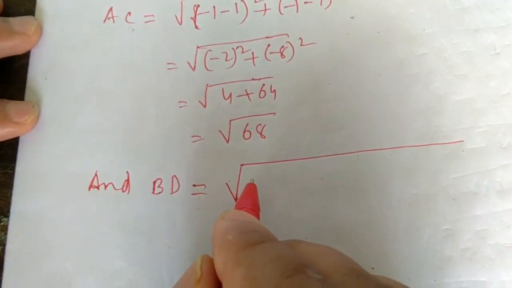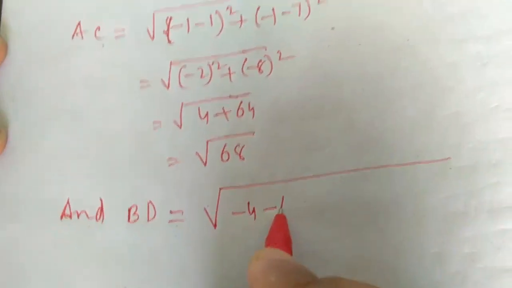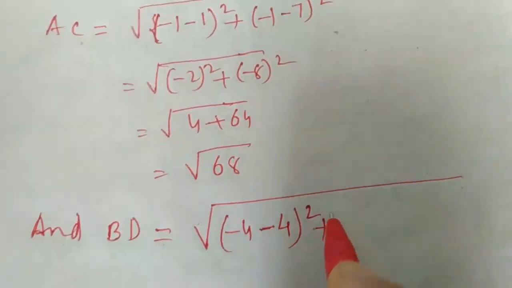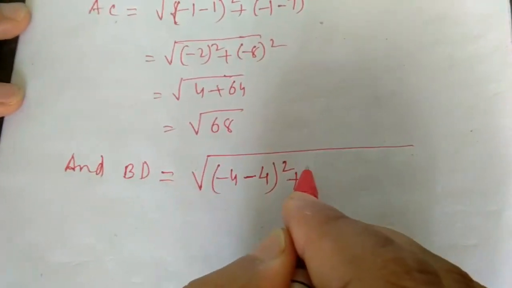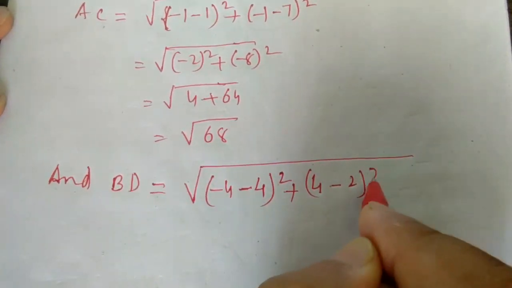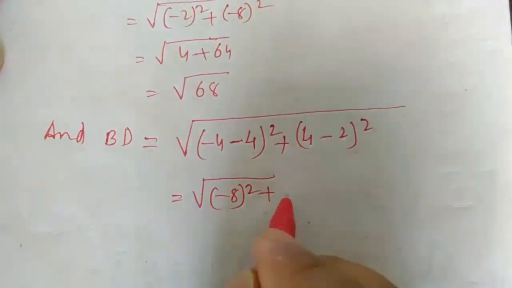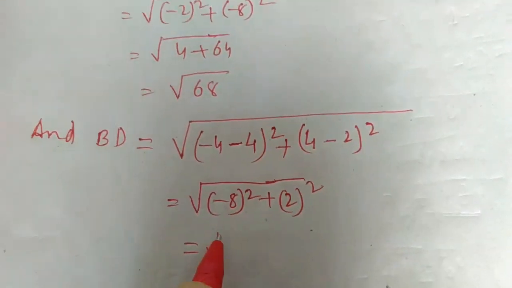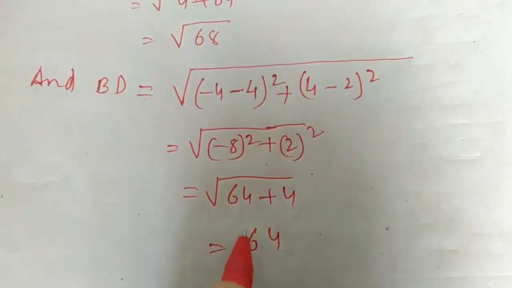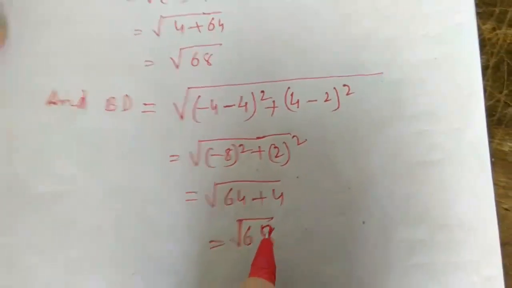Formula: x2 means minus 4 minus x1 means 4, so minus 8, plus y2 means 4 minus y1 means 2, so 2 square. 8 8 is 64, power even so positive, 2 2 is 4, 64 plus 4 is 68, root over 68.